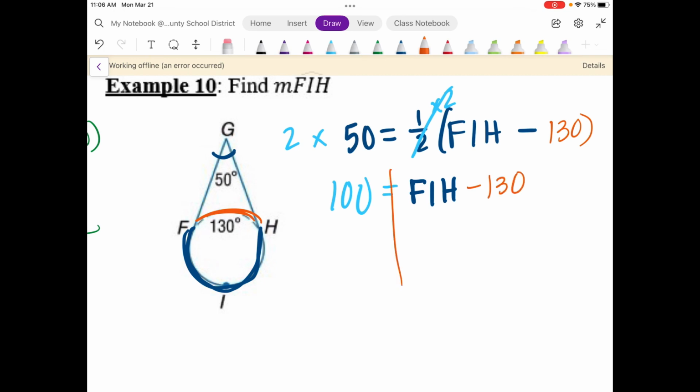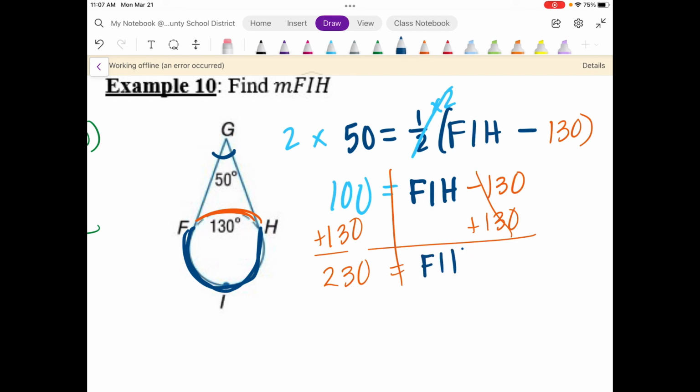To solve for FIH, I'm going to add 130 to both sides. So I end up with 230 is the FIH. So to write it, it's my final answer. The measure of FIH is 230 degrees.